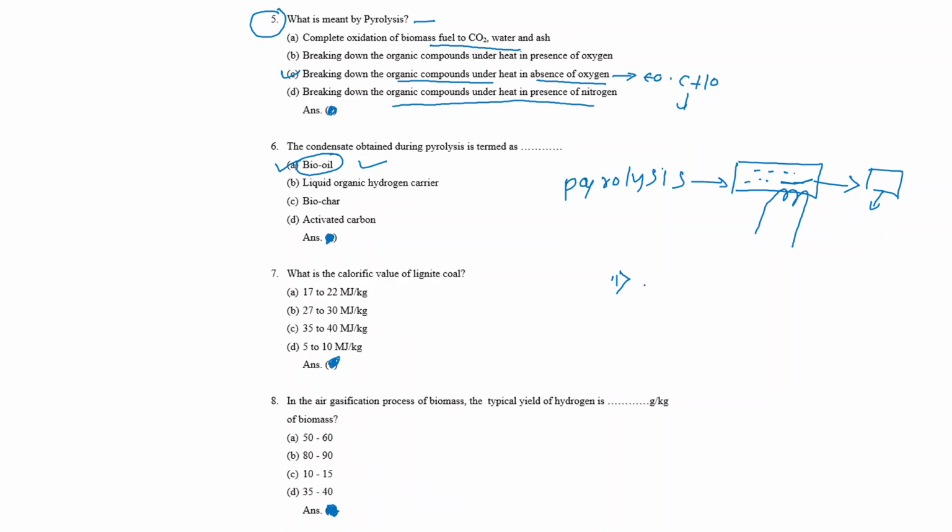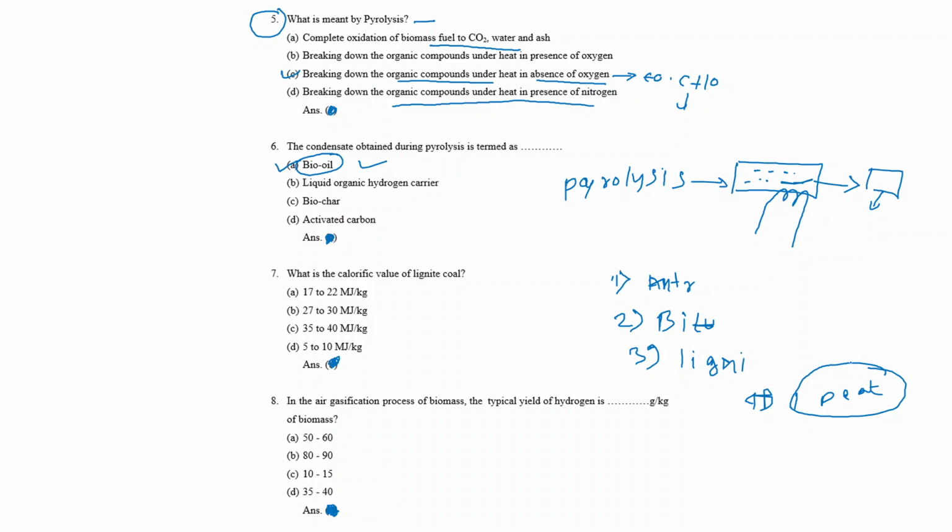There are four types of coal: anthracite, bituminous, lignite, and peat. Peat is a very low grade coal.